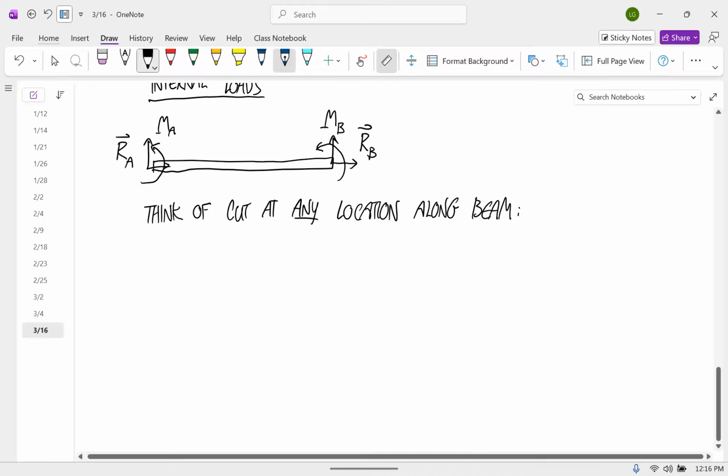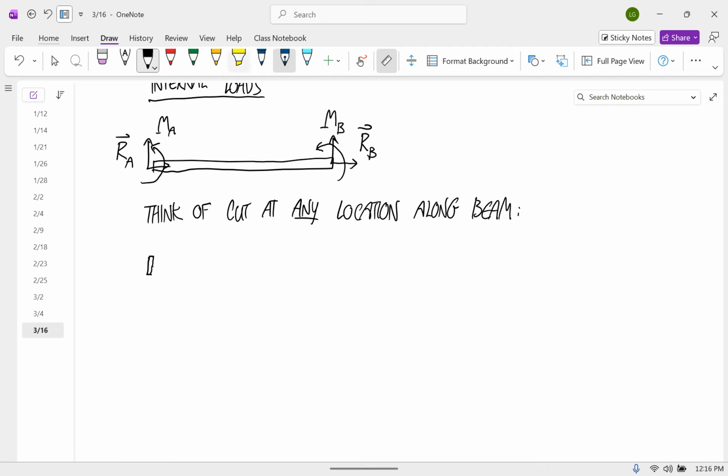Okay, so we can start out with just barely a sliver over here and all this stuff that we're not including. And the loads we have are an RA and a couple MA, and then the internal loads T. Oh, and I didn't, let's put torques in here too.